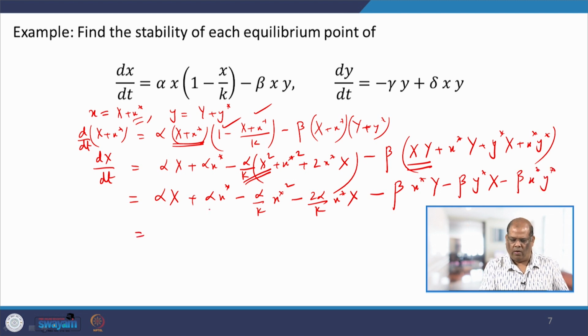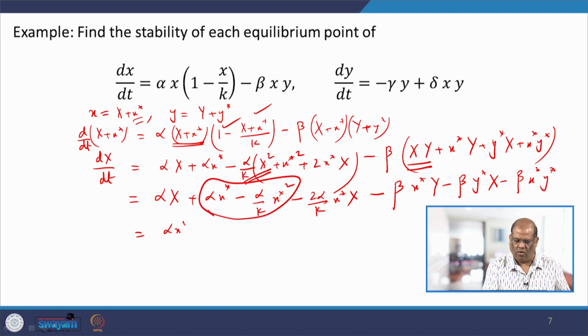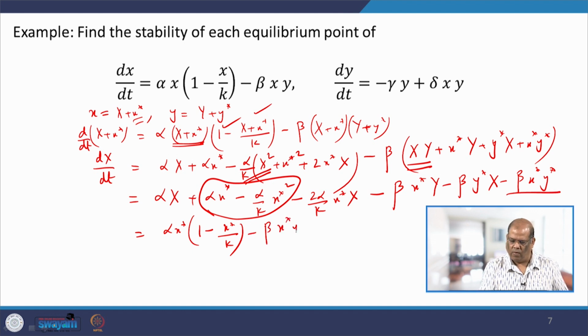So, let me write the constant term first. From this, if I take alpha x star common, I get 1 minus x star by k, and then this minus beta x star y star.